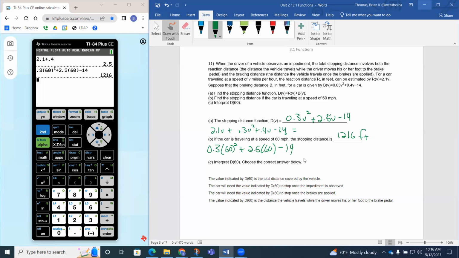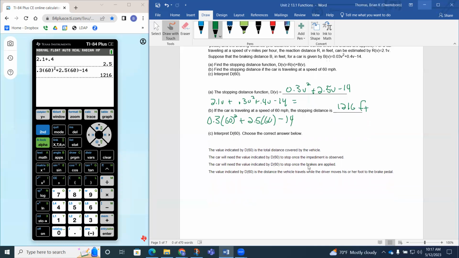So if we want to interpret this stopping distance function when we're going 60 miles an hour, these would be the descriptions that we may see. The value indicated by D of 60 is the total distance the car traveled, the total distance covered by the vehicle.